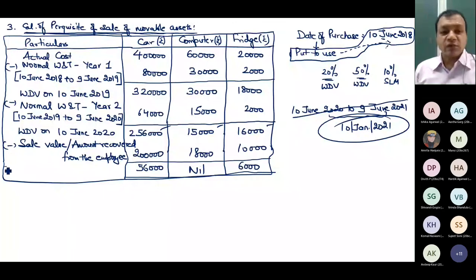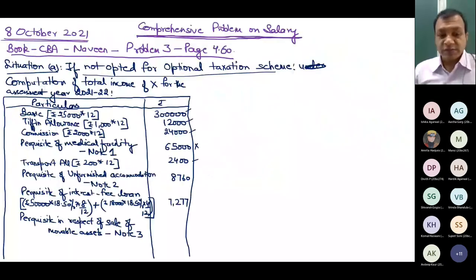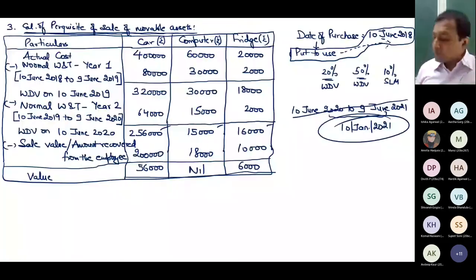So total taxable value of this perquisite is 56 plus 0 plus 6. It is 62,000. I will write 56 plus 6, 62,000. That's it. I hope this point is clear. Any problem you can ask, otherwise next point.